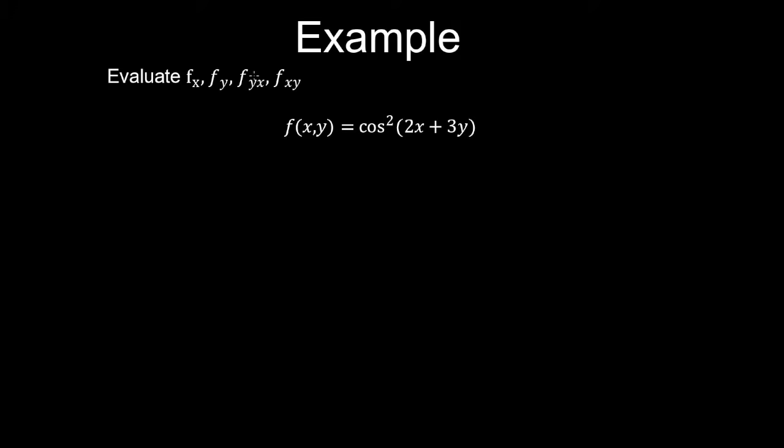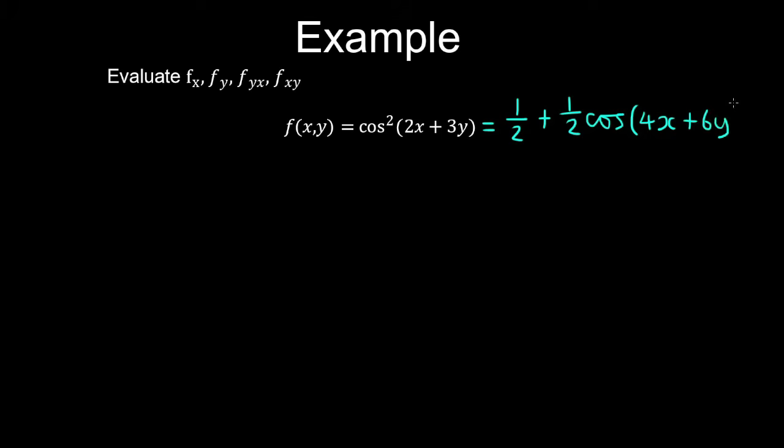Let's evaluate the following partial derivatives for this function. So using the double angle trig identity, we can write this as 1/2 plus 1/2 by the cosine of 2 multiplied by this expression. So we have 4x plus 6y.